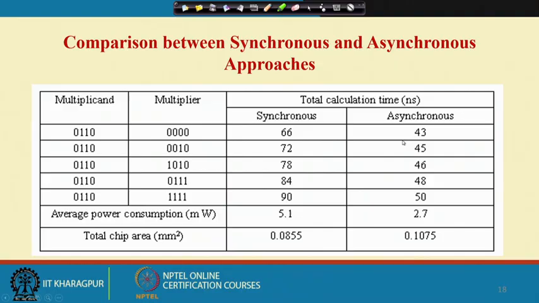But in asynchronous design you can do it in a different way, so that will not happen in one particular clock cycle. That is why the time requirement in the asynchronous case is lower than the synchronous case. But what is the problem in the asynchronous case? Whenever you are doing the operation, you can get more violation.